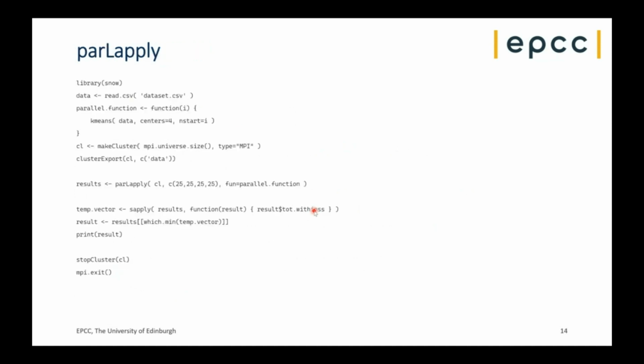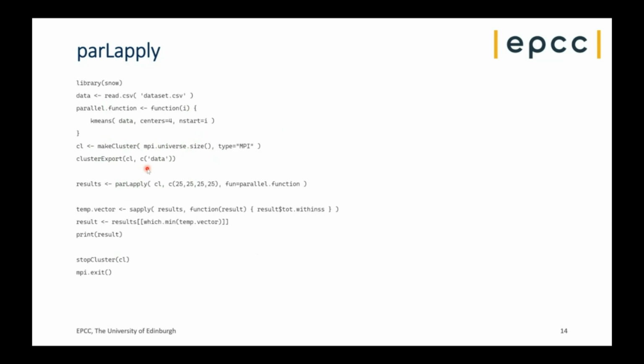And then likewise, the snow library has something called parLapply. Again, we're using the same functionality as lapply as we had before, but instead of calling lapply, we call parLapply, and we can create a cluster using snow from MPI processes, and then it will distribute the work across that cluster we create.